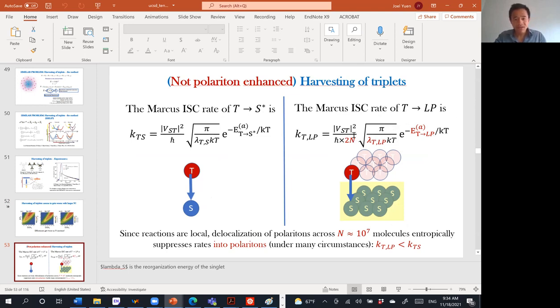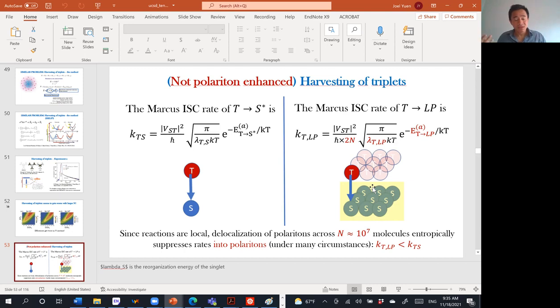However, there is always this entropic penalty of 1/n, because the triplet state is a localized state, whereas the polariton state is a delocalized state. So the probability of the localized state seeing its partner in the delocalized state is 1/n, because the delocalized state is distributed across n molecules.